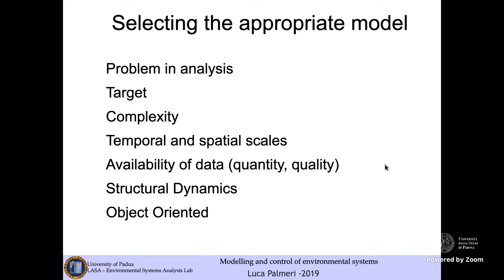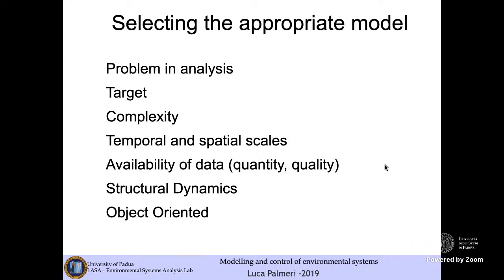So it is important to find an appropriate complexity, and the appropriate complexity of a model is exactly the complexity needed to deal with the complexity of the environmental system you want to describe.